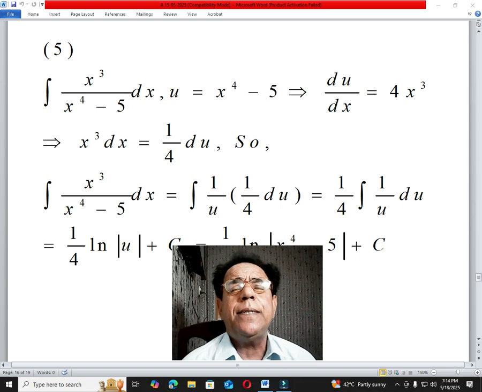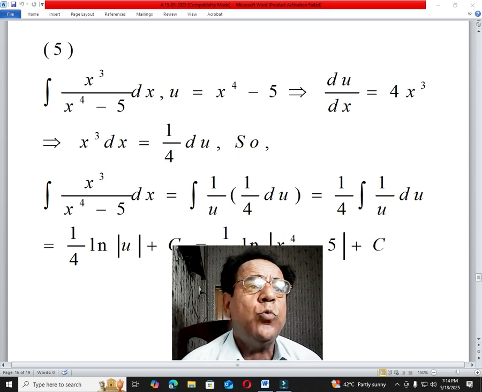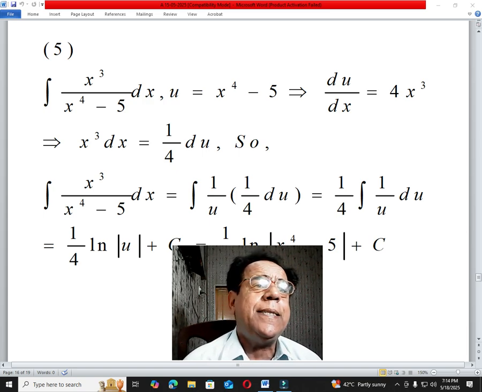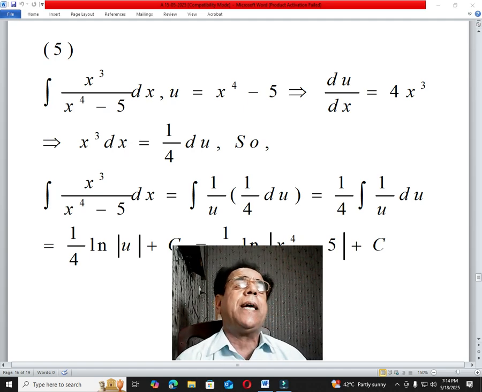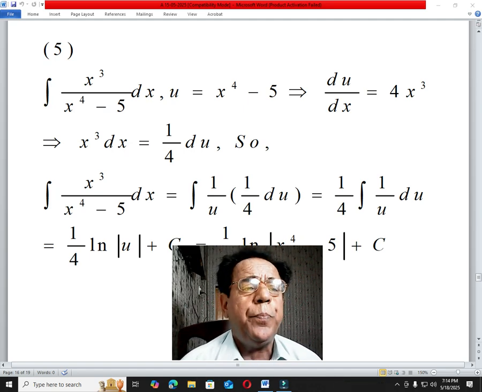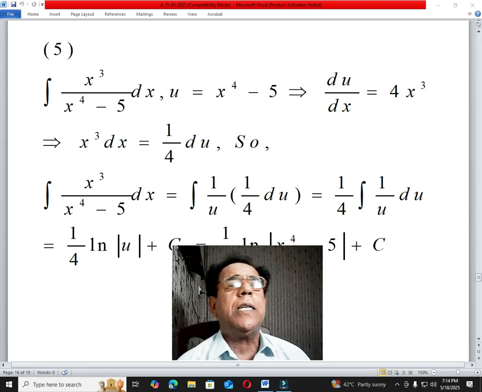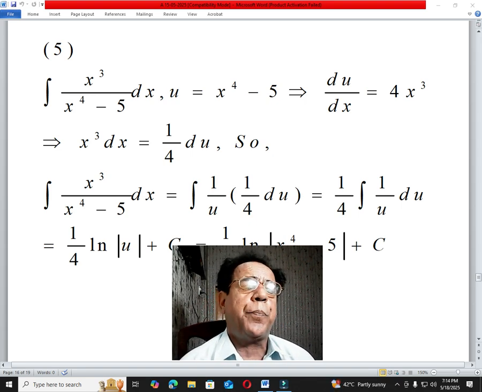So when du by dx is equal to 4x cubed, then this implies that x raised to power 3 into dx will be equal to 1 by 4 du, because x cube into dx appears in the statement. So in place of x cube dx we will use 1 by 4 du, and in the denominator in place of x raised to power 4 minus 5 we will use u.